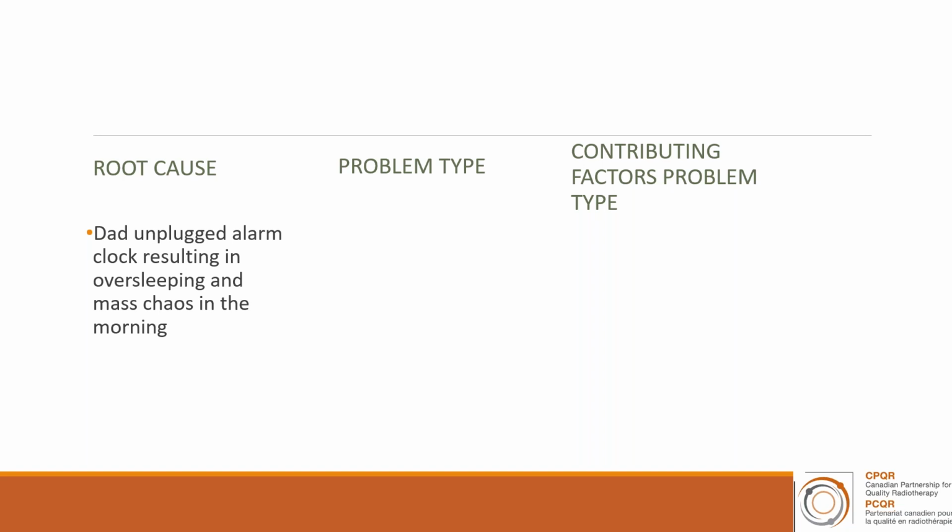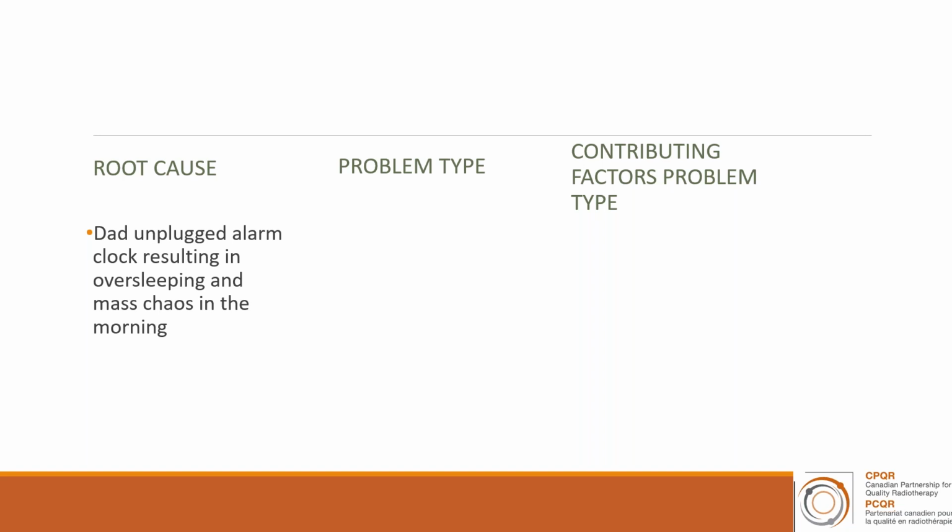You need to know this root cause because in this family's case, they may want to start investing in battery backup alarm clocks because, as many of us know, this happens all over again the very next year. Home Alone, Lost in New York. So it's very important that they understand the root cause of this incident.